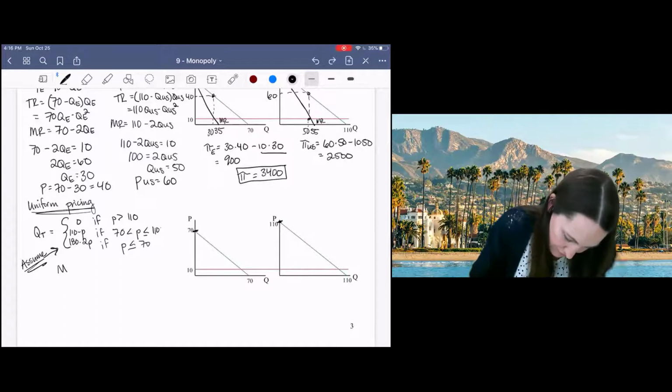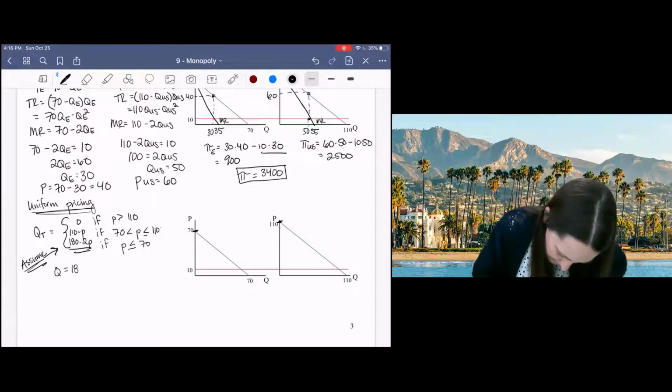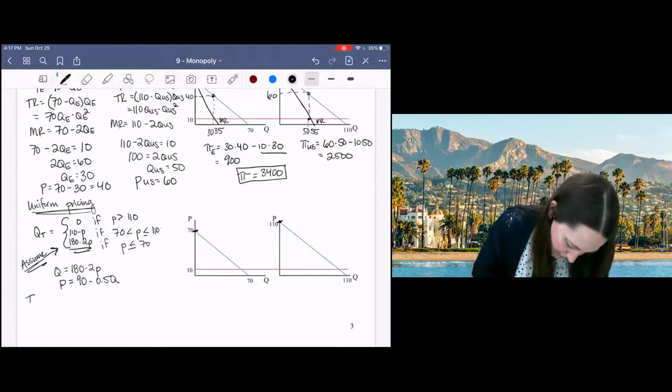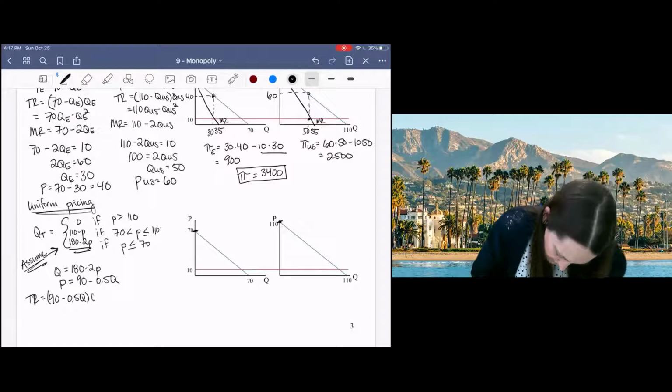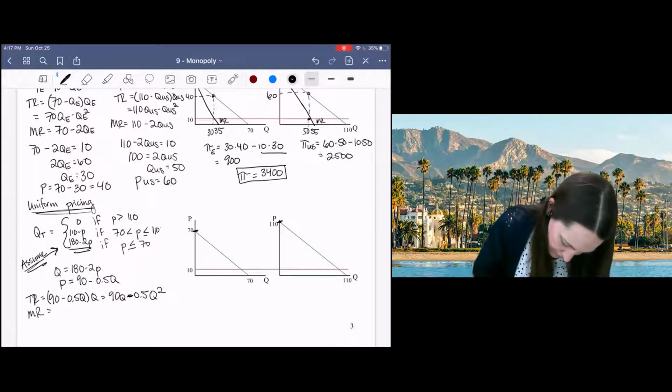First, we have to do total revenue. And to do that, we need to rearrange our demand curve here. So what we have is Q equals 180 minus 2P. So if I write inverse demand, that tells me that I've got 90 minus 0.5Q. So my total revenue is going to be 90 minus 0.5Q times Q. And then when I find my marginal revenue, it's going to be 90 minus Q. And then I'll set that equal to marginal cost.